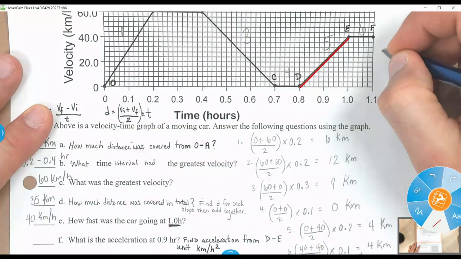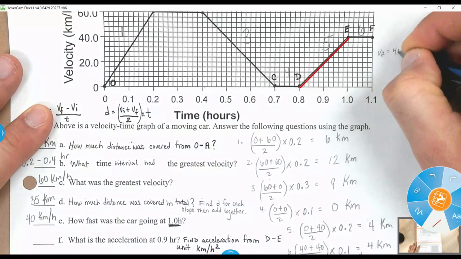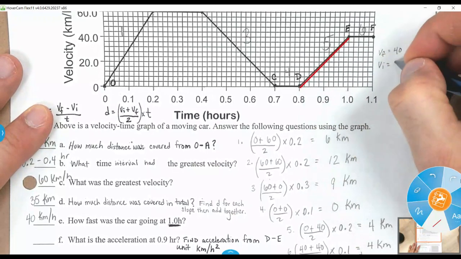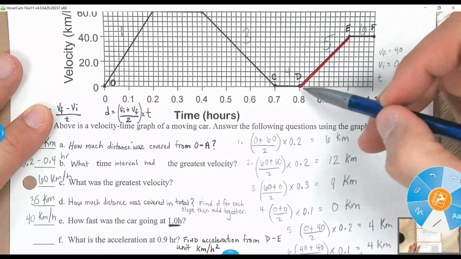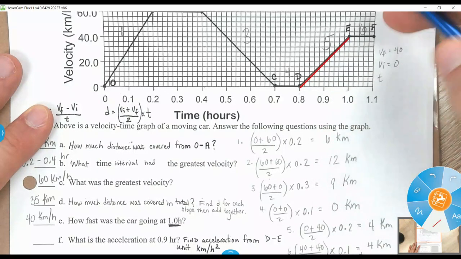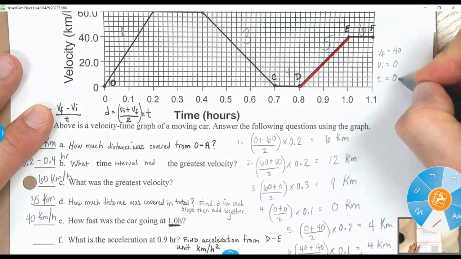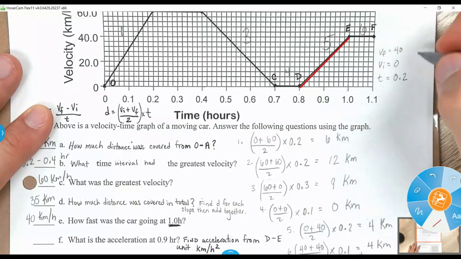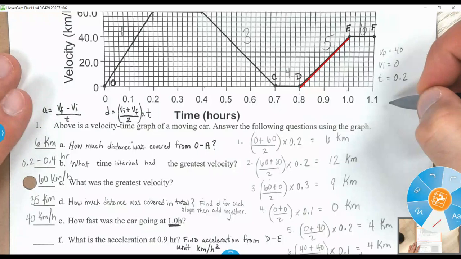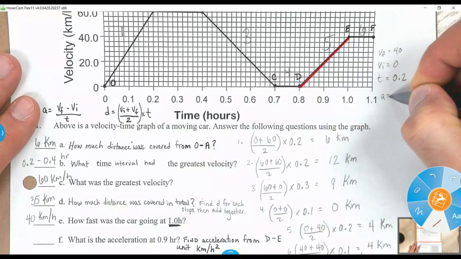VF is 40, VI would be at the start, 0, and how long were we moving for? From 0.8 to 1, which is 0.2 hours.